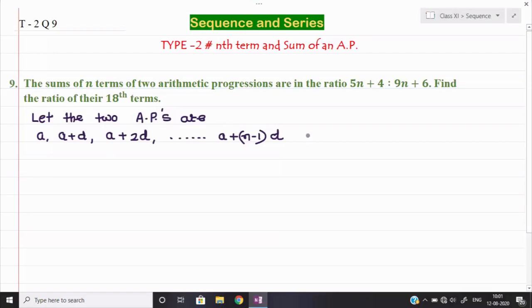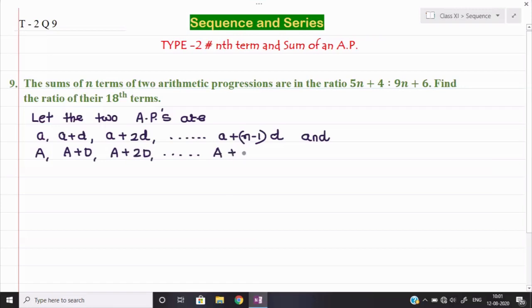And the second AP I am supposing here: in place of small a, I am taking capital A, and in place of small d, I am taking capital D. The same way the AP will be generated, but since the second AP will be different from the first, the symbols I have taken are also different.